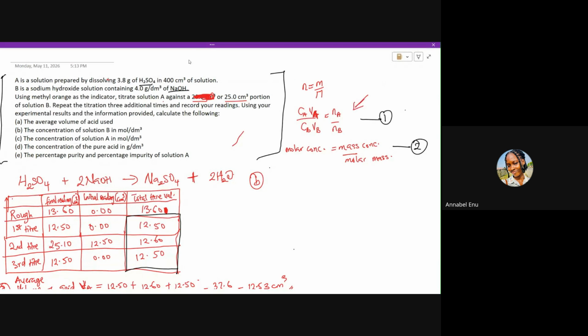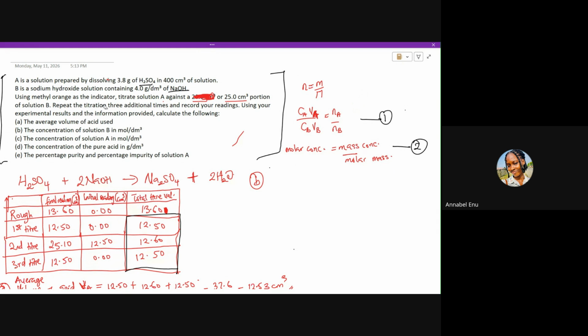That is why we'll now resort to the second formula, because our question did not give us concentration of acid in mole per dm cube. So we are going to resort to the next formula, which is molar concentration equals mass concentration divided by molar mass.